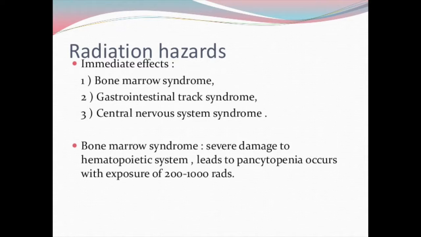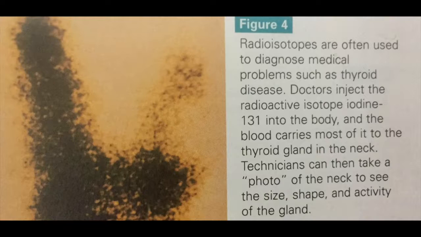Figure 4. Radioisotopes are often used to diagnose medical problems such as thyroid disease. Doctors inject the radioactive isotope iodine-131 into the body, and the blood carries most of it to the thyroid gland in the neck.